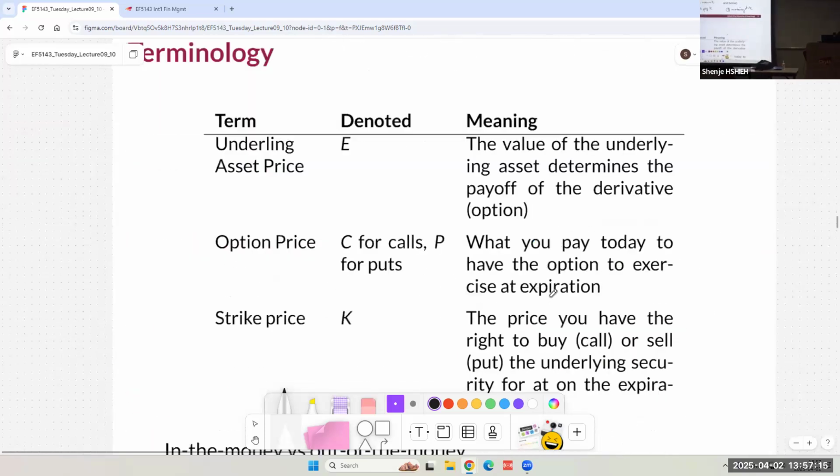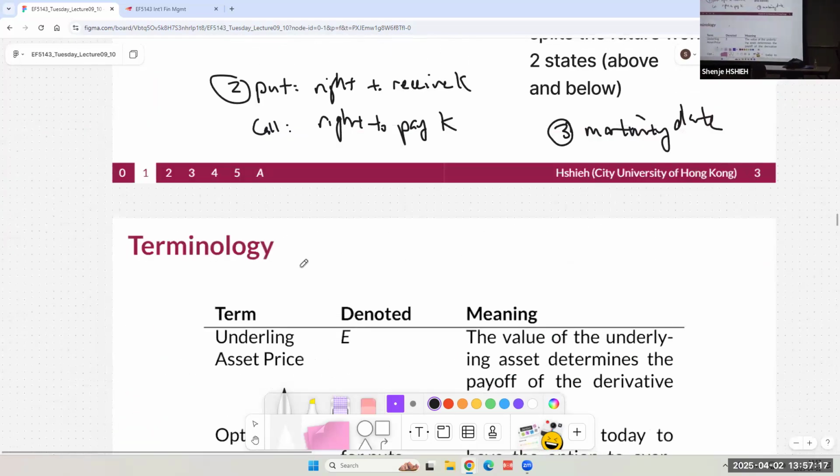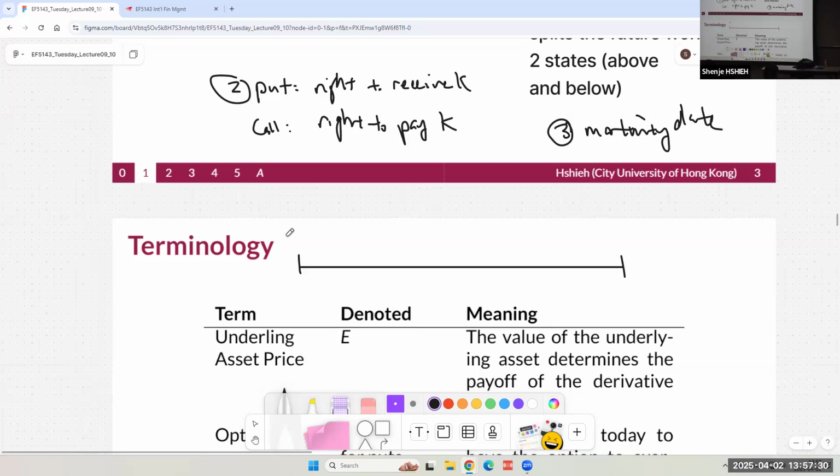So maybe I give you a timeline to explain to you. So at time 0, in order to get the call or put contract, you will either pay P for put or pay C, right?